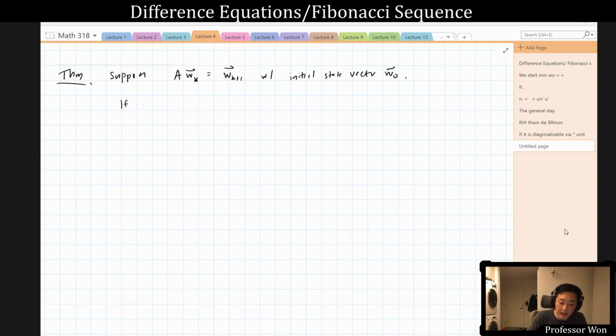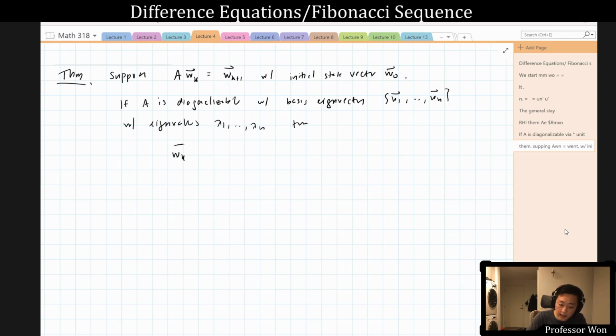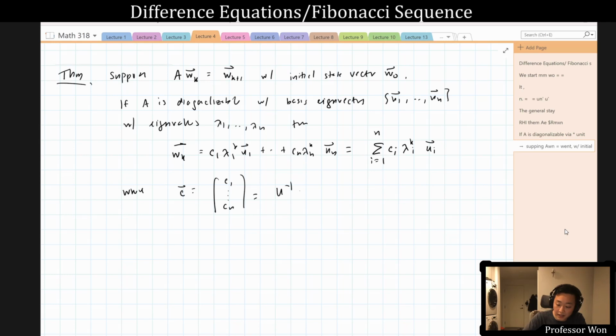Then if A is diagonalizable with basis of eigenvectors u1 up through un, with eigenvalues lambda 1 up through lambda n, then the kth state is given by c1 lambda 1 to the k u1 plus through cn lambda n to the k un, just the sum of these ci lambda i to the k ui, where c is just given by U inverse w naught. Okay.